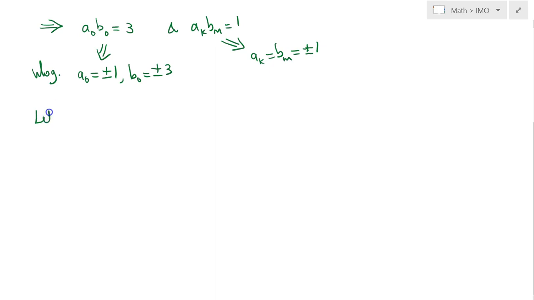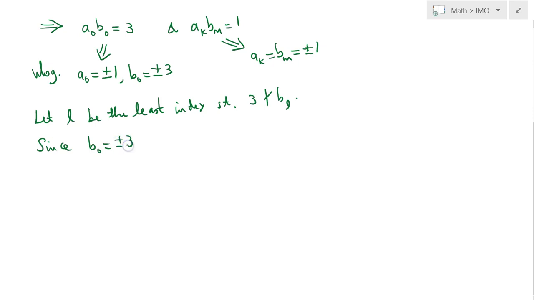So let L be the least index such that 3 does not divide b sub L. Since we already know that b sub 0 is equal to plus or minus 3, it is divisible by 3, but we also know that b sub m is plus or minus 1, so not divisible by 3.